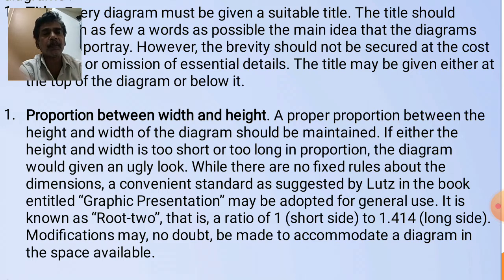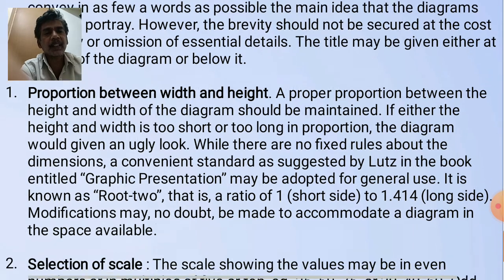If either the height or width is too short or too long in proportion, the diagram would give an ugly look. Therefore, proportion between width and height should be maintained.